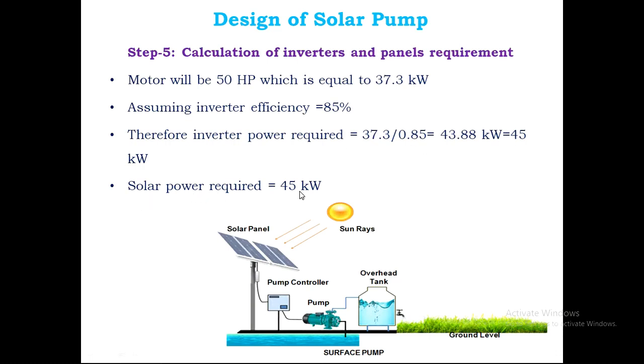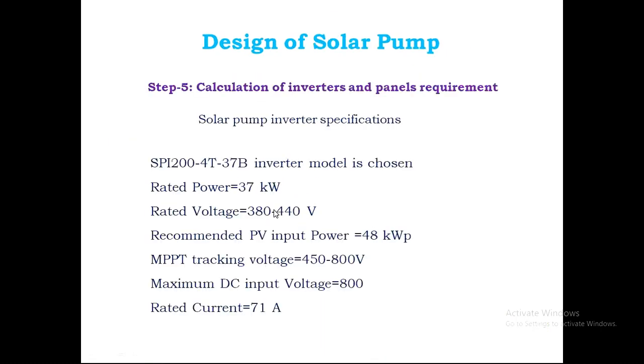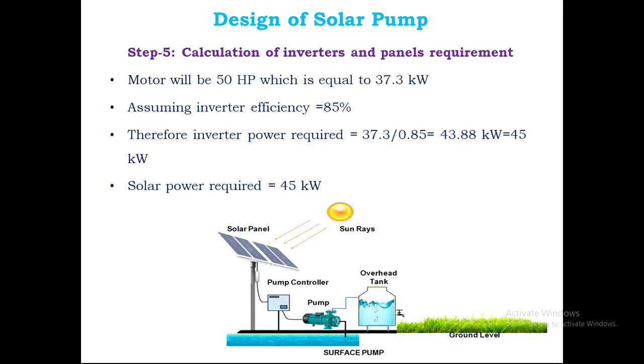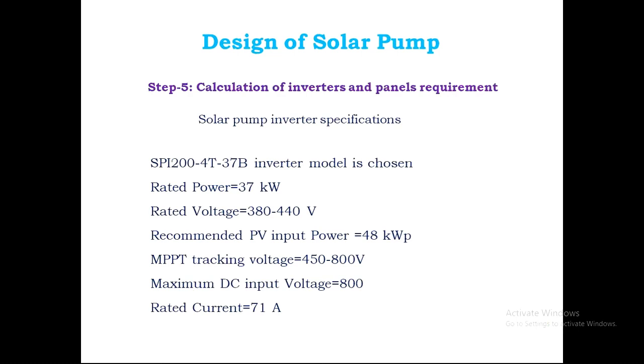So solar power required is how much now? 45 kilowatt. Now with respect to this 45 kilowatt, we have to choose the inverter. So I have chosen the solar pump inverter of this model.